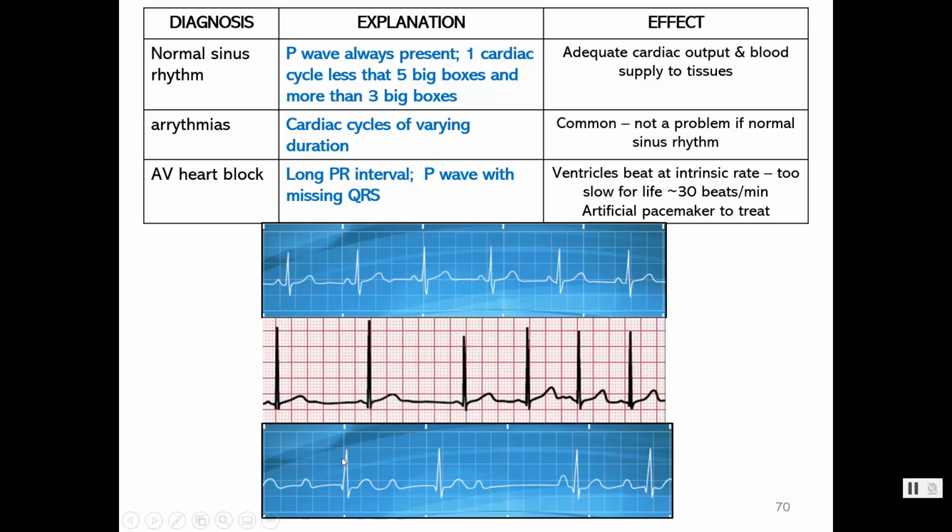So look down here with me. We have a P wave and we have a whole lot of time. So we have this really long PR interval. Too much time is passing. It's kind of like congested traffic, a block in the road, AV block.